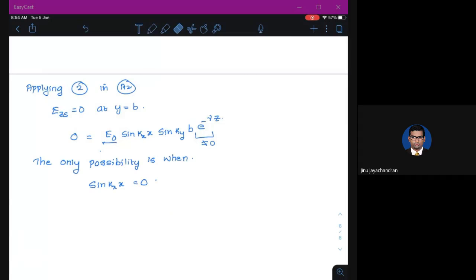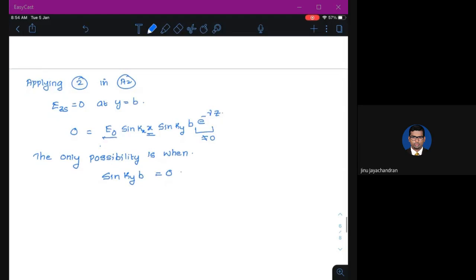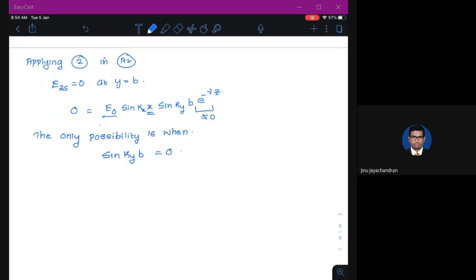You cannot make sin kx equal to 0 because x is varying here; for all x it cannot be 0. So when will sin ky b be 0?